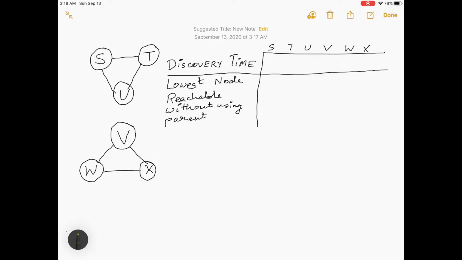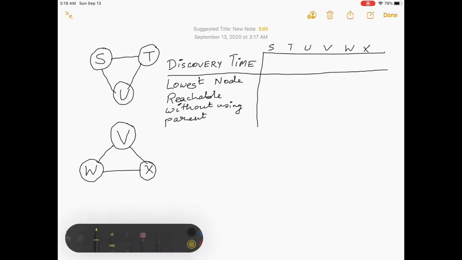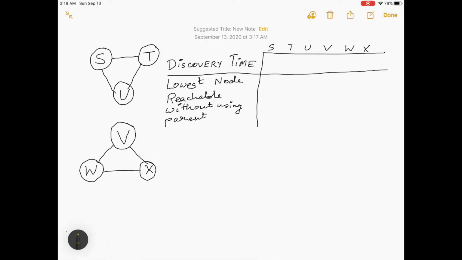And the answer is, if we had any edge that would have connected these two components. So if the given undirected graph had an edge like this, now we see we have removed the bridge, we have removed the edge UV, and the graph is still intact. The graph is not disconnected.